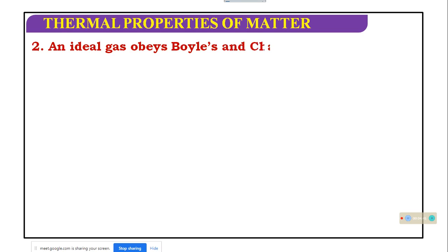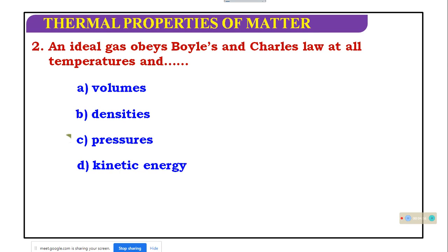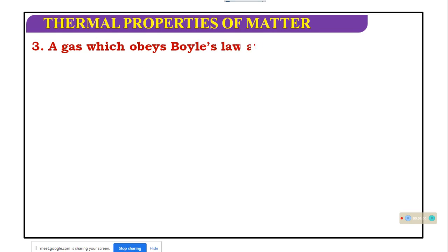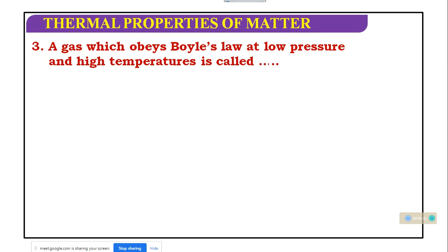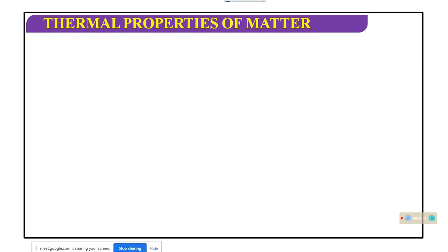Next, an ideal gas obeys Boyle's and Charles law at all temperatures and pressures. A gas which obeys Boyle's law at low pressure and high temperature is called, it will be real gas.